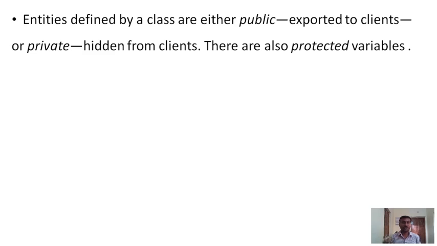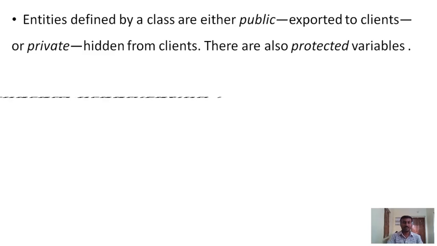If you define them as private, they are hidden from the client and not provided to the client, or you may provide protected variables. So whenever an entity is defined by the class, it must be in a public, private or protected environment.